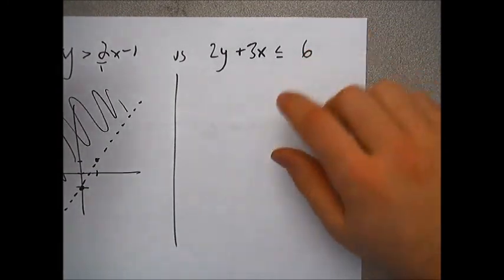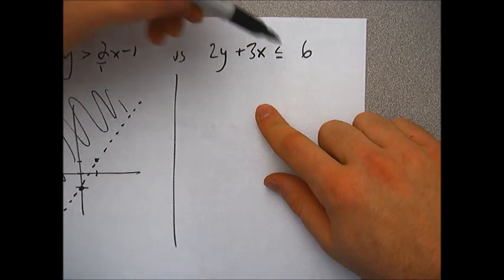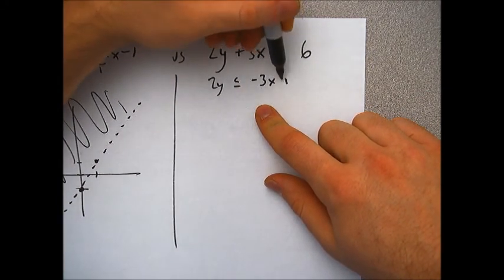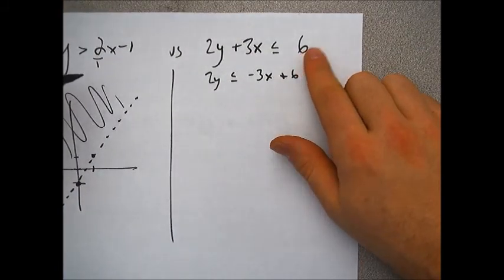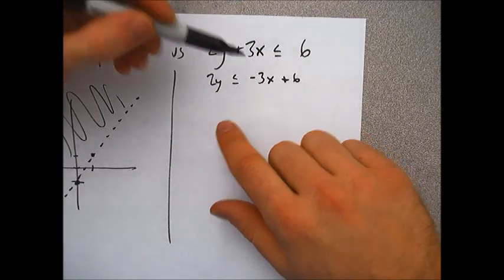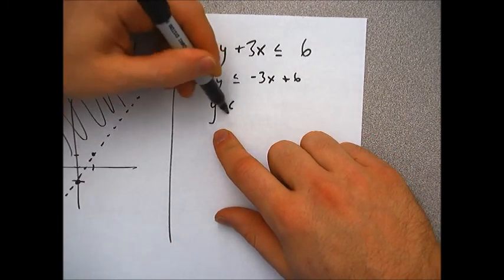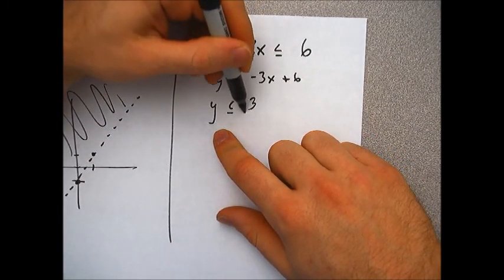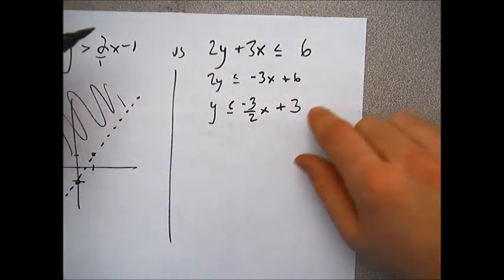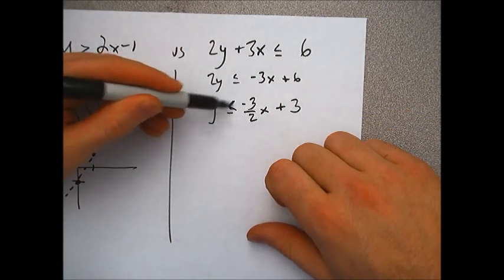Over here, I want to solve this out for y. So I'm going to say 2y is less than or equal to -3x plus 6, because this is a positive 6, right? And then I want to solve for y, so divide everything by 2, giving me y is less than or equal to -3 over 2x plus 3. Now I have this solved out for y.